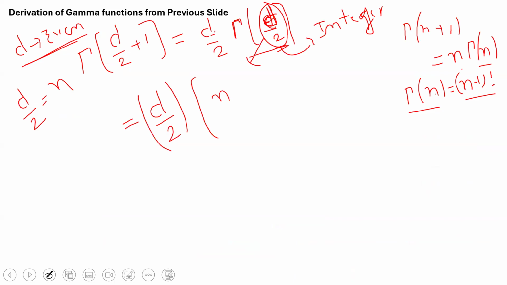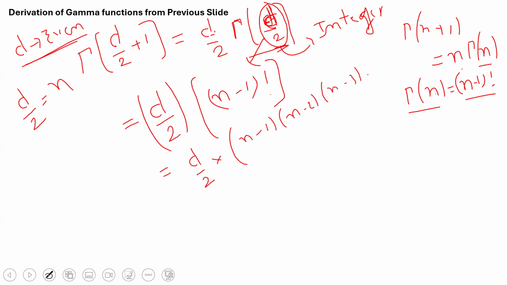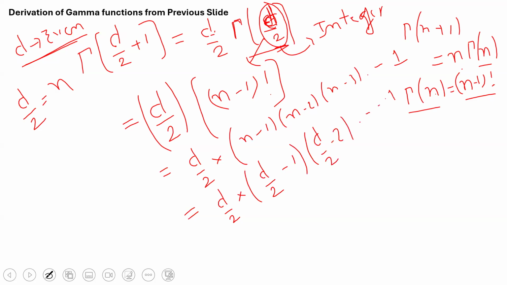So this is (n minus 1) factorial, right? So that becomes d by 2 into (n minus 1) factorial, which is nothing but n minus 1 into n minus 2 into n minus 3, and so on to 1, right? I'm going to replace n back with d by 2. So this becomes d by 2 minus 1, d by 2 minus 2, and so on till 1.